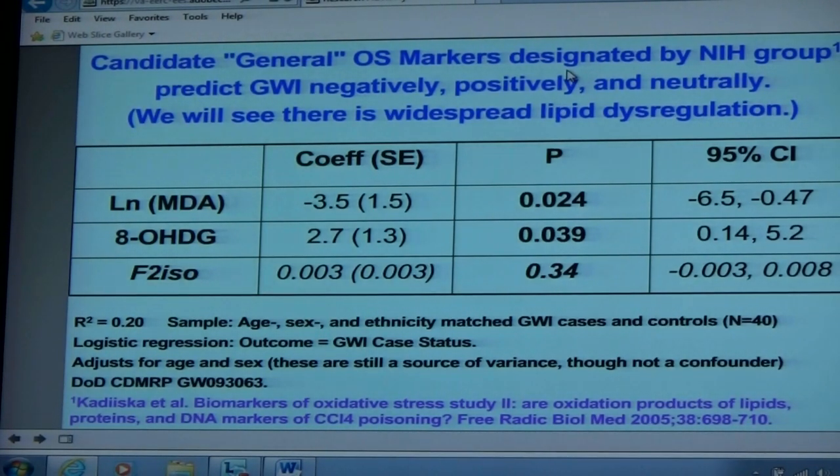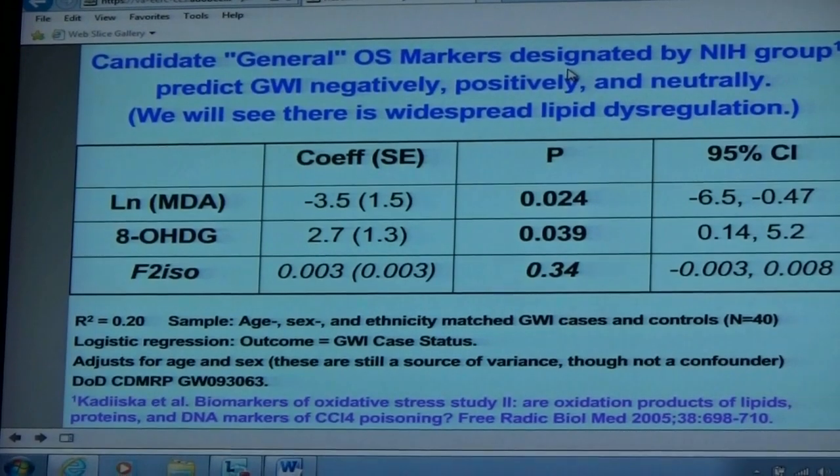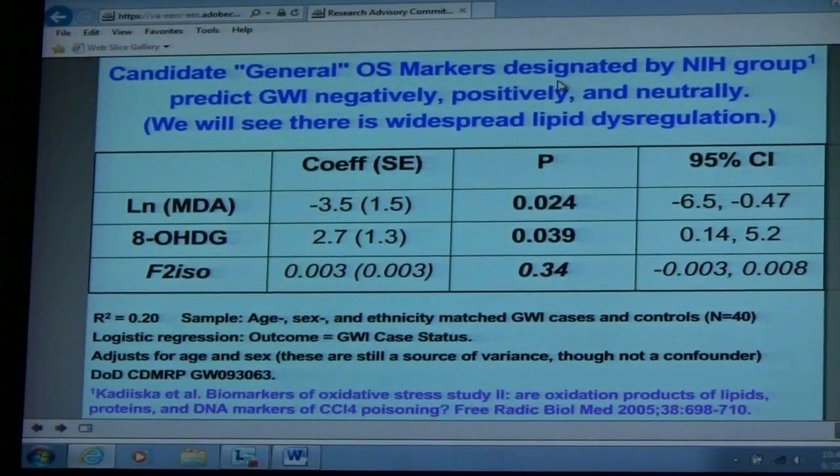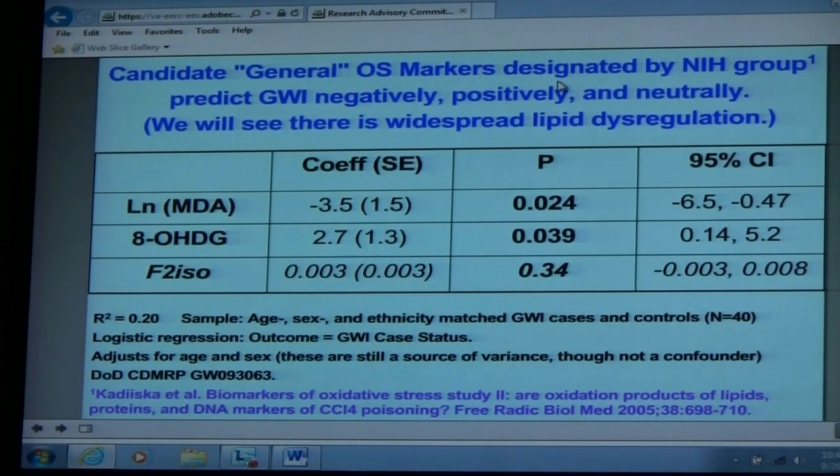So malondialdehyde and F2-isoprostanes are both markers of lipid peroxidation, albeit different markers, and 8-hydroxydeoxyguanosine is a marker of oxidative damage to DNA. And what we see in a model that seeks to predict Gulf War illness from all 3 of these is that malondialdehyde is a significant negative predictor, meaning that it's lower in veterans with Gulf War illness, but 8-hydroxydeoxyguanosine is a significant positive predictor, meaning higher in Gulf War veterans.